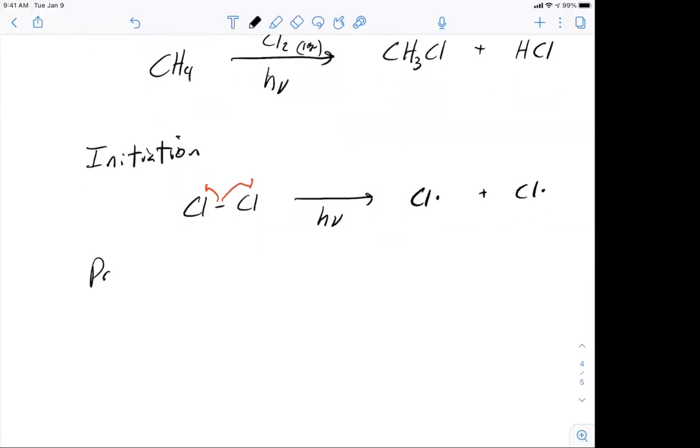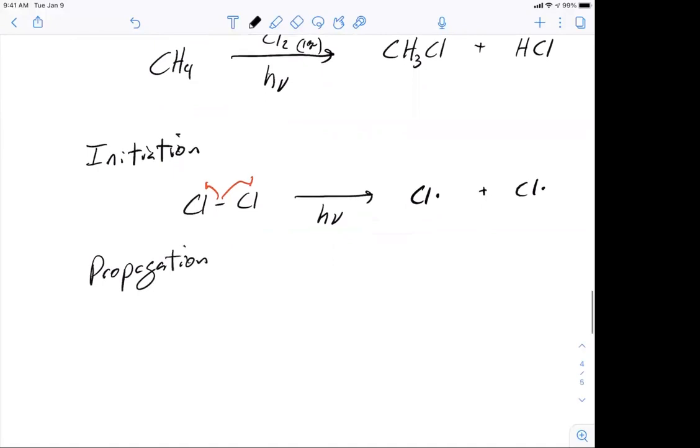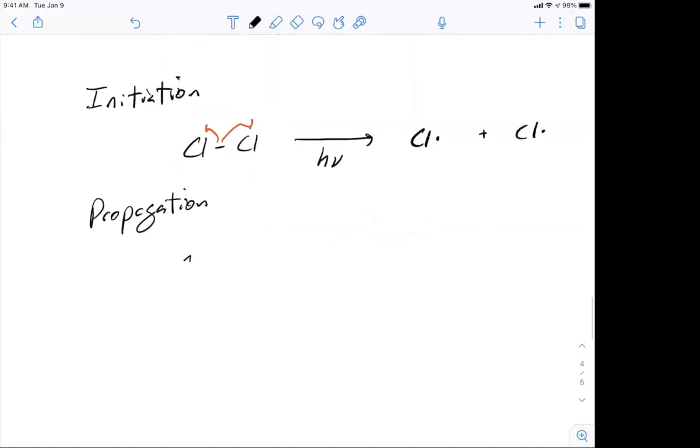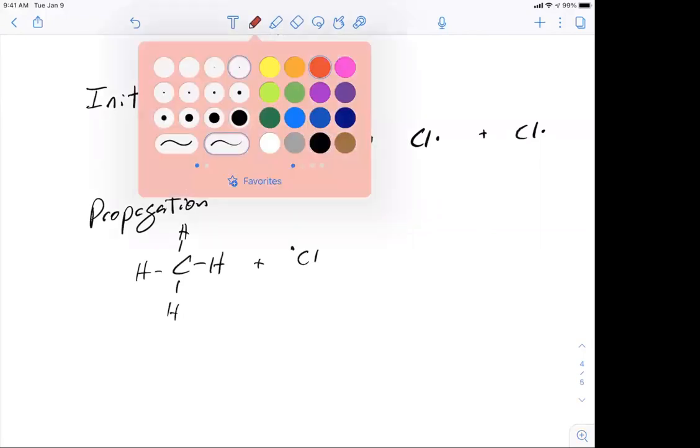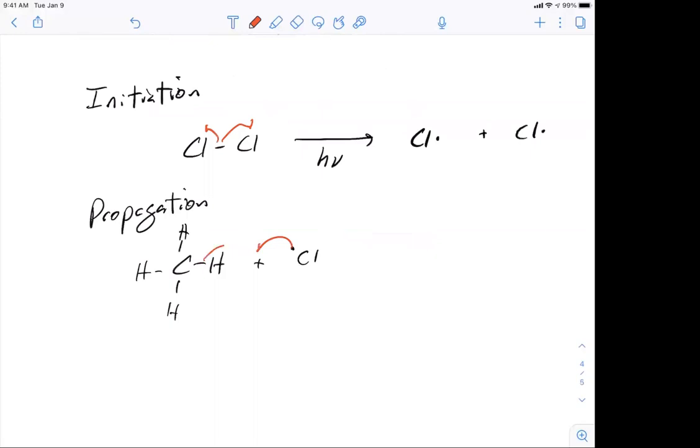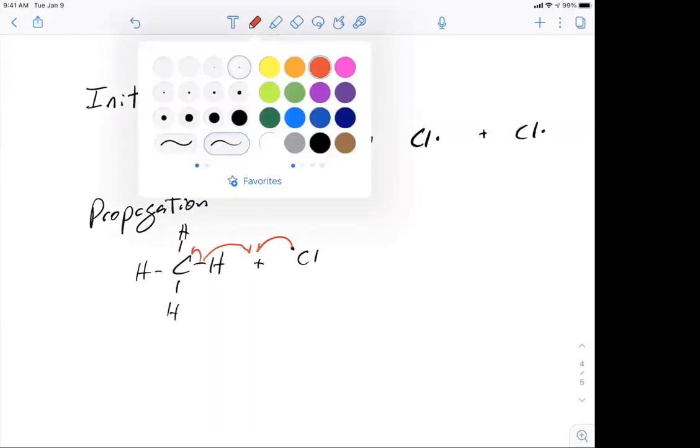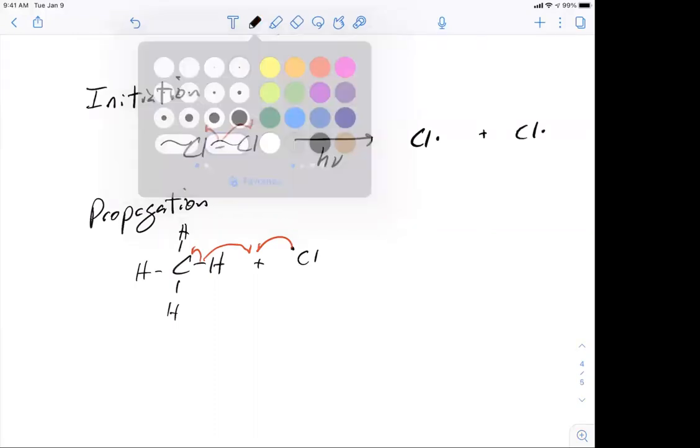Then we go to propagation. So our methane, all of these hydrogens are equivalent. So we get a hydrogen abstraction. Sorry, proton's wrong. Hydrogen abstraction. Proton is the H+.